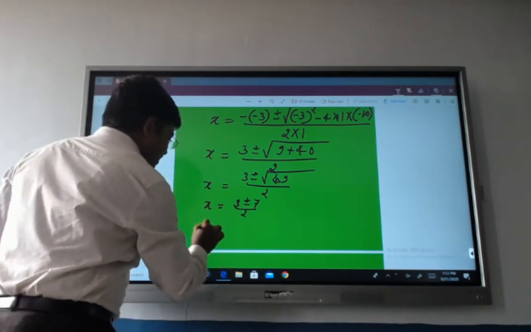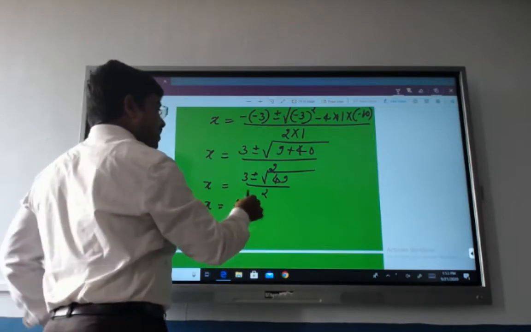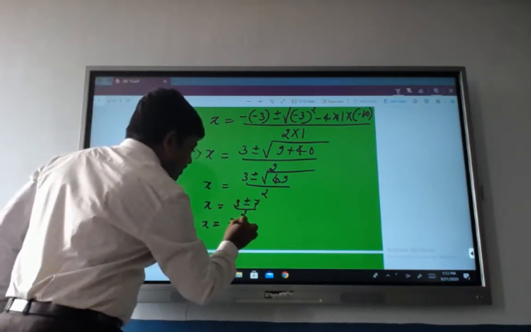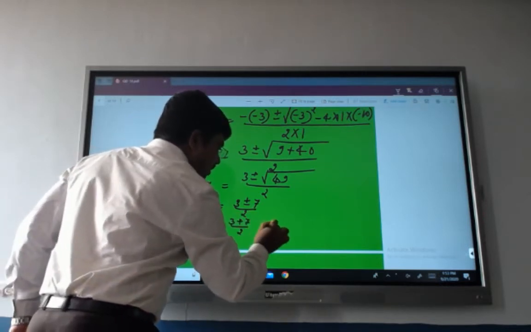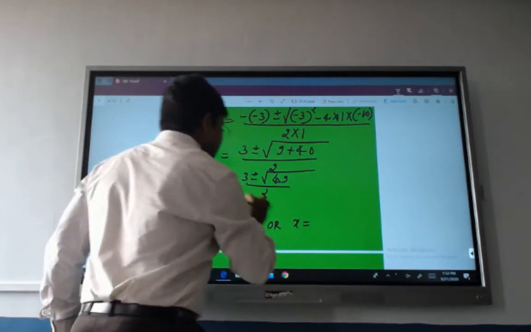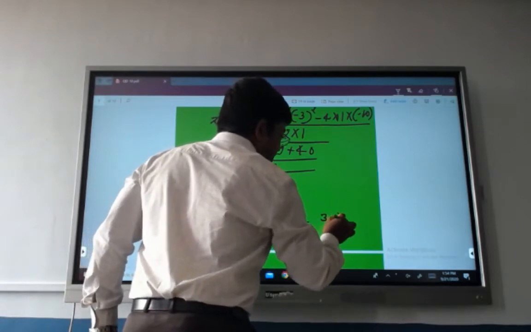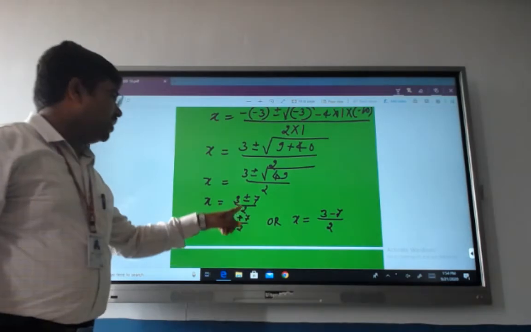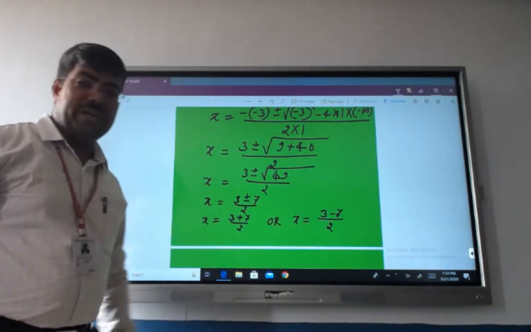Then x is equal to, so that is 3 plus 7 whole divided by 2, or one more solution, that is x is equal to 3 minus 7 we will take here, 3 minus 7 whole divided by 2. Why? Because here plus or minus is there. So that's why one time we have to write plus 7 and one time we have to take minus 7.